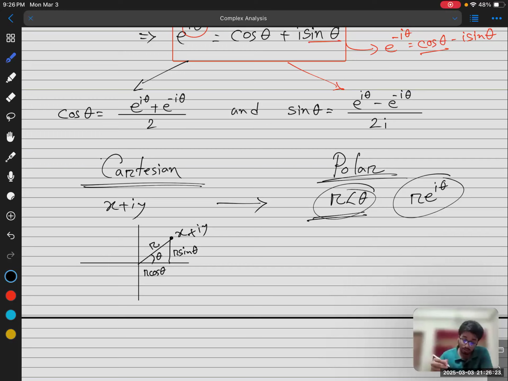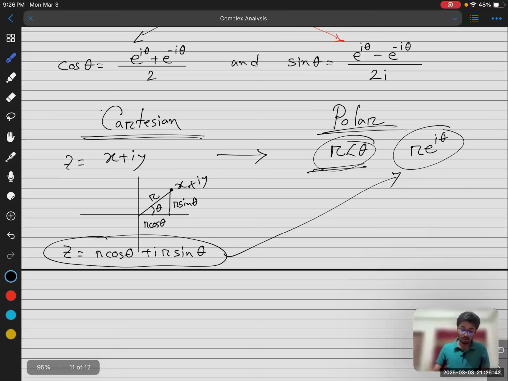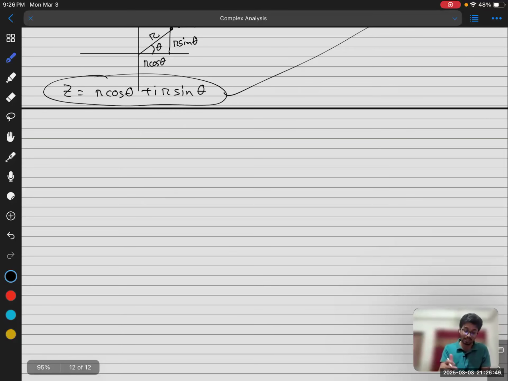So z is basically r cos theta plus i r sin theta. It is very easy to verify from here that we can write this as r times e to the power i theta. So it is more convenient to write the polar form as r e to the power i theta rather than r angle theta, because it will answer almost everything.